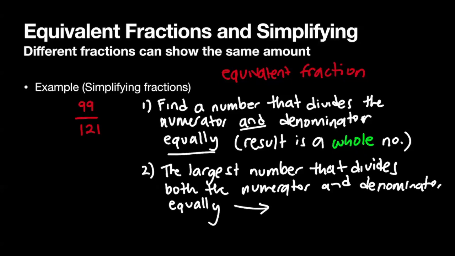So there's a term for this, which we've learned already. Does anyone know what this is called? No, what do we call the largest number that divides two numbers equally? What is that called?